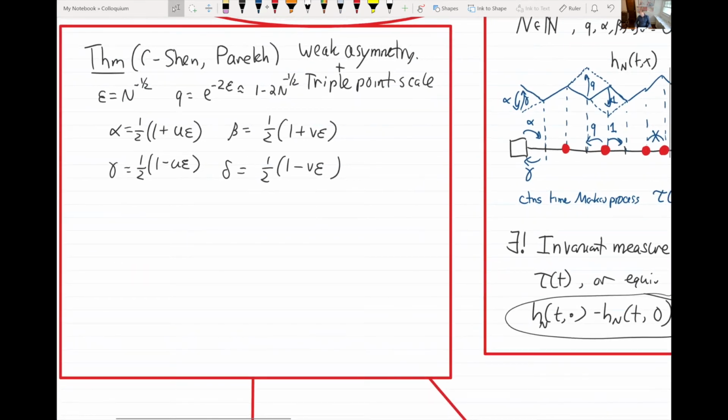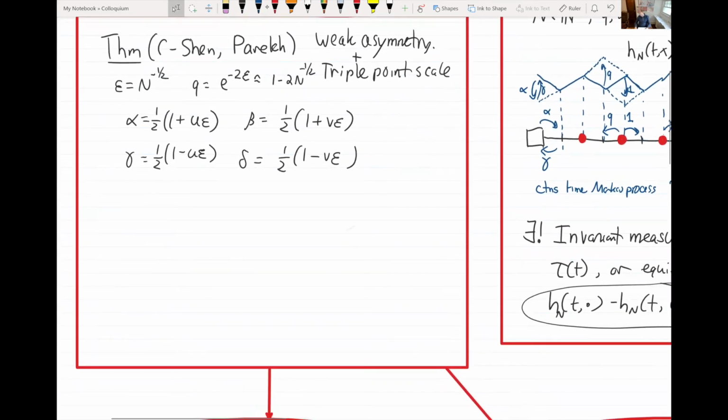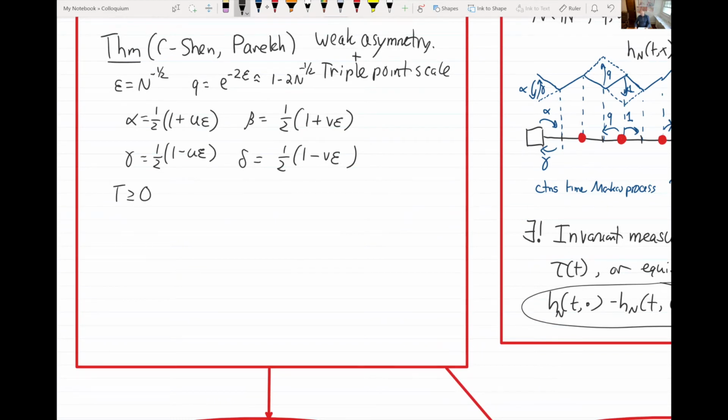And so the result then says that if I take time, I'll use a capital T for a macroscopic time and capital X for macroscopic space, and I look at my height function at scale n, I look at it at a time n squared in a spatial scale of order n. And then I need to scale the whole thing down by this epsilon, by this n to the minus a half.